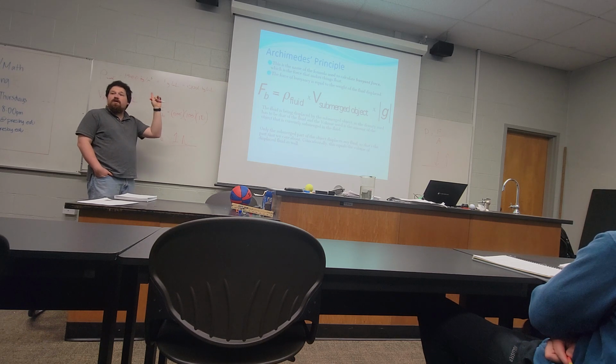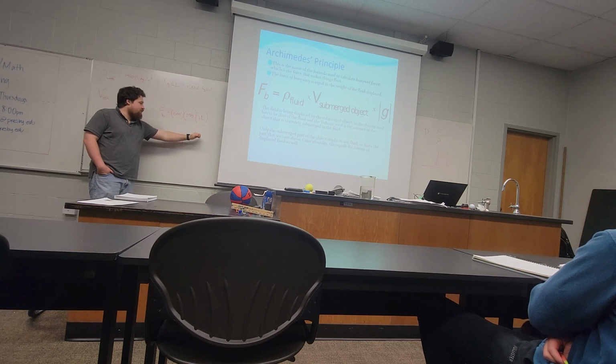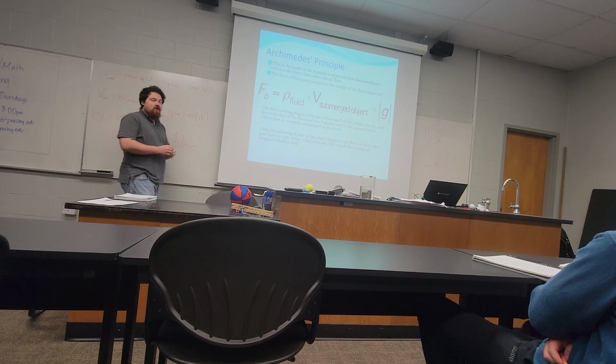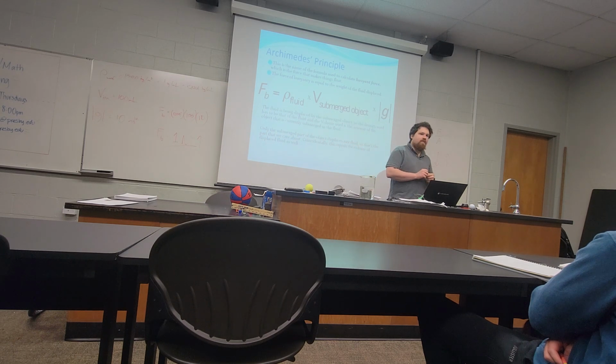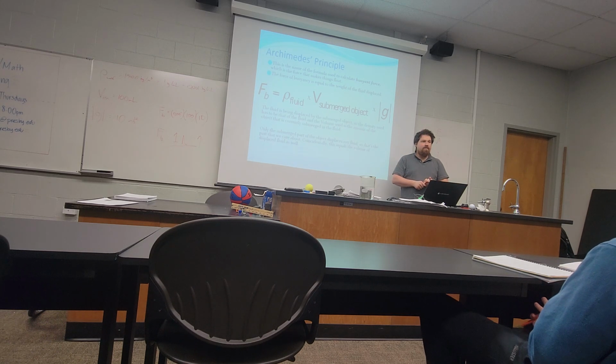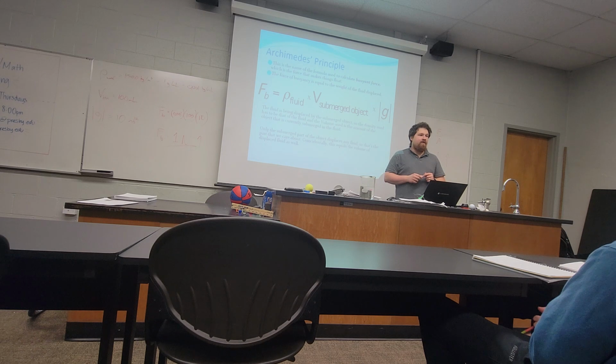And buoyant force always points up. I want to make that clear. It always points up. It has to for you to float and not sink. So, currently, the buoyant force on that piece of iron is approximately 1 newton. Is that all right? Okay. Now, do you think that piece of iron weighs 1 newton?